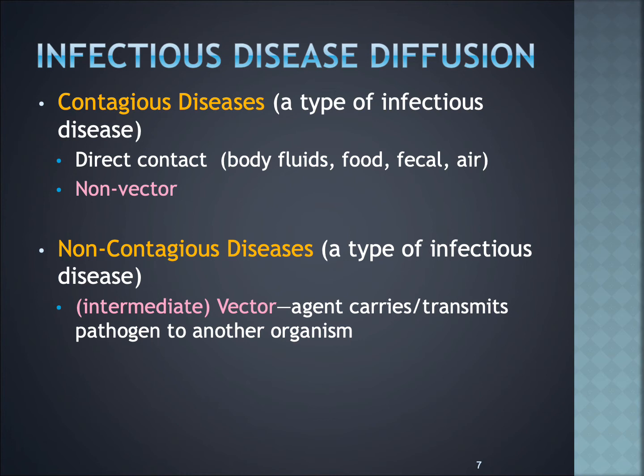It's still an infectious disease, but it's non-contagious because it comes to us from another organism. For example, if you get Lyme disease, it's infectious but non-contagious, because the tick carries the pathogen, and when the tick embeds itself into you, it passes along that disease to you. So the tick becomes the vector.